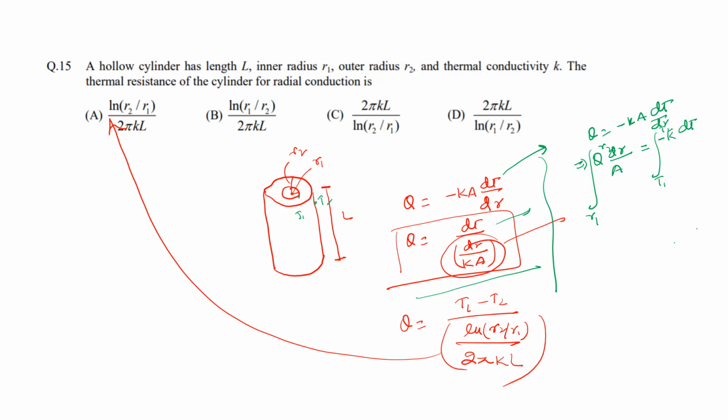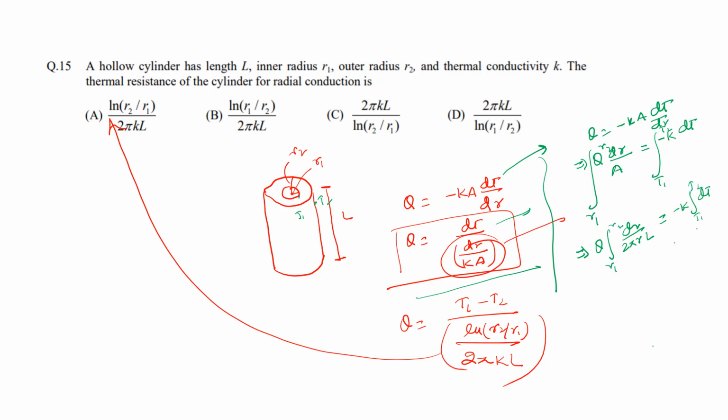The area is 2 pi r h, where h here is L, so Q dr by area is equal to minus K dT.